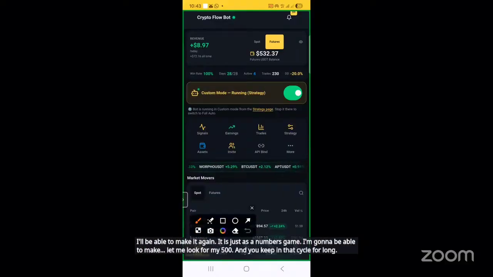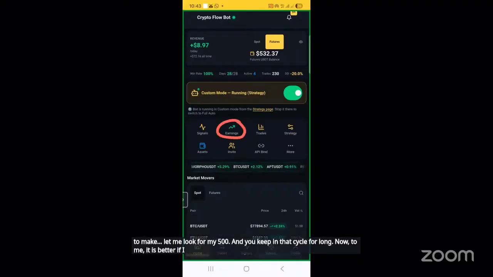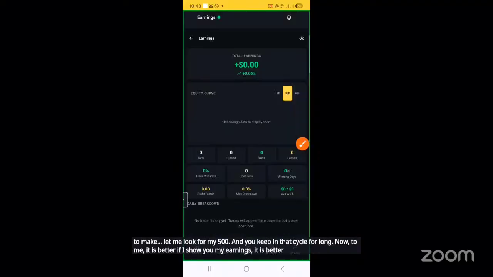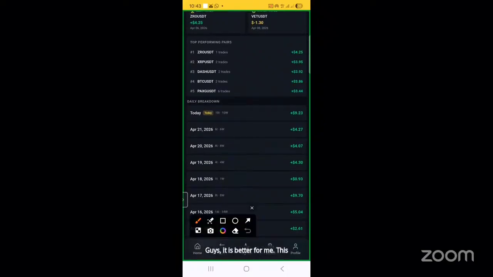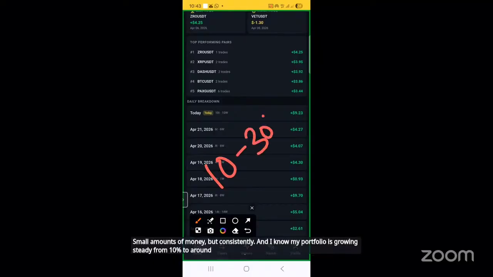Now, to me, it is better if I show you my earnings. Guys, it is better for me. This spot makes me small, consistent amounts. Small amounts of money, but consistently. And I know my portfolio is growing steadily from 10% to around 30% per month.